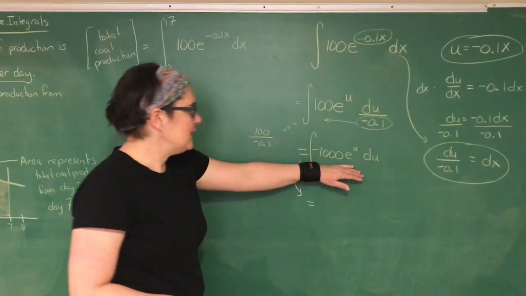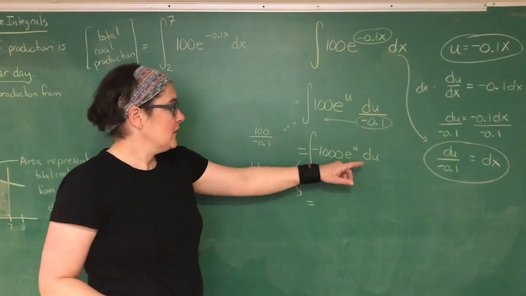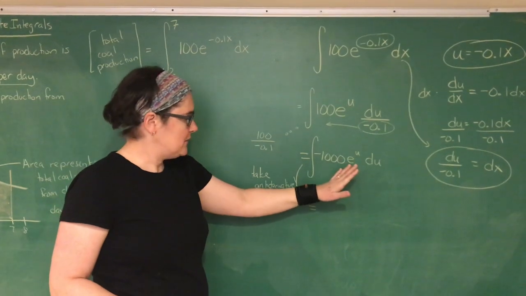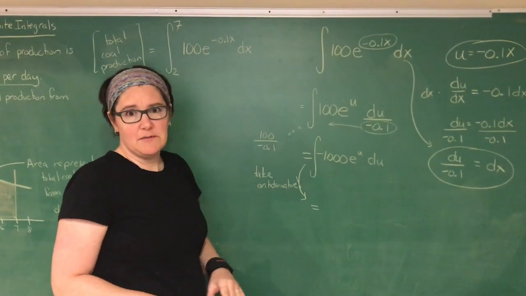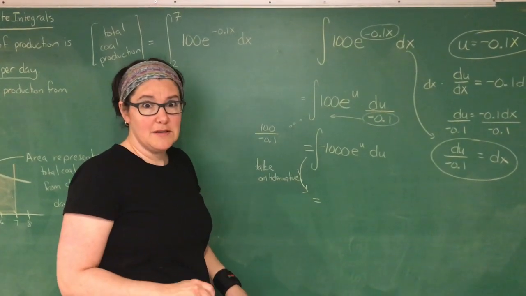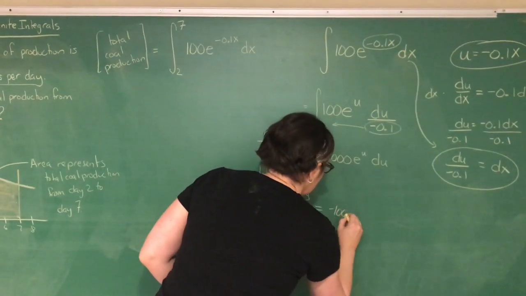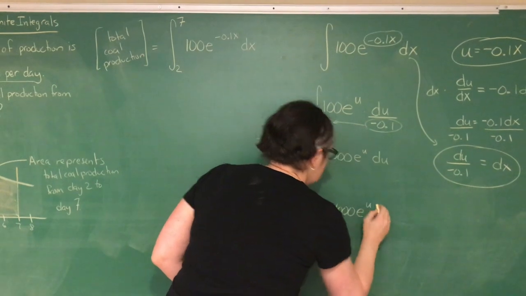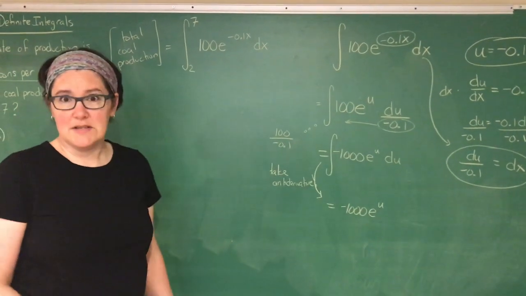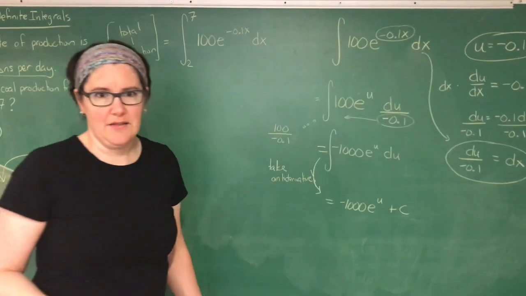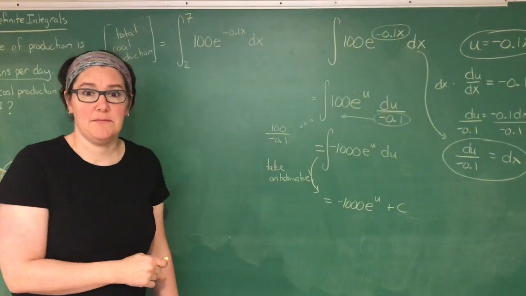Now, when I look at negative 1000 e to the u, I just have a regular variable up here, so I'm all set with my u substitution. My antiderivative of e to the u is e to the u. So I carry along the number, negative 1000, take the antiderivative of e to the u, which is e to the u, and then I have a plus c. So it looks like I've done nothing, but I actually did. I took an antiderivative.